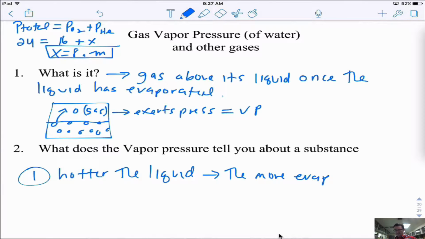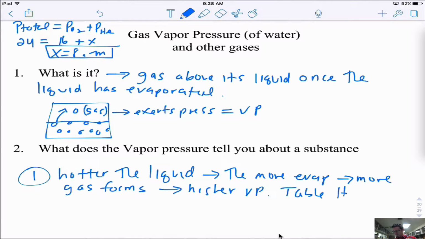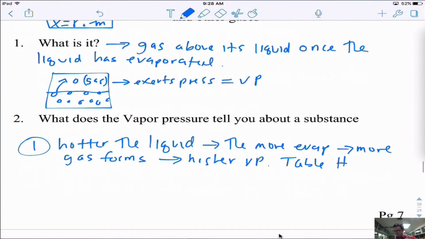The more that the liquid is able to evaporate, the more gas forms. The more gas forms, the higher the vapor pressure. There's a reference table that shows you this, and I have a picture of it in the notes called Table H. You'll see on Table H what it looks like.